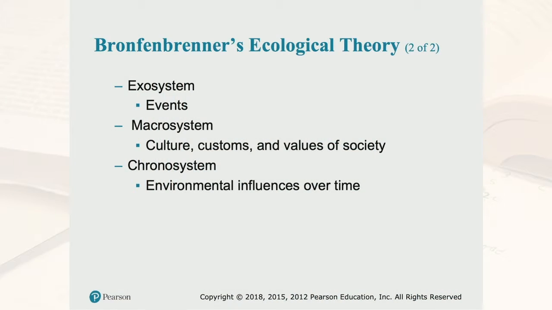Your mesosystem is more of an environmental system. Bronfenbrenner's ecological theory's ecosystem involves events within your life. So if for some reason you on a regular basis went to work with mom or dad, and this is just an example, and dad lost his job, that event of losing a job would impact you.